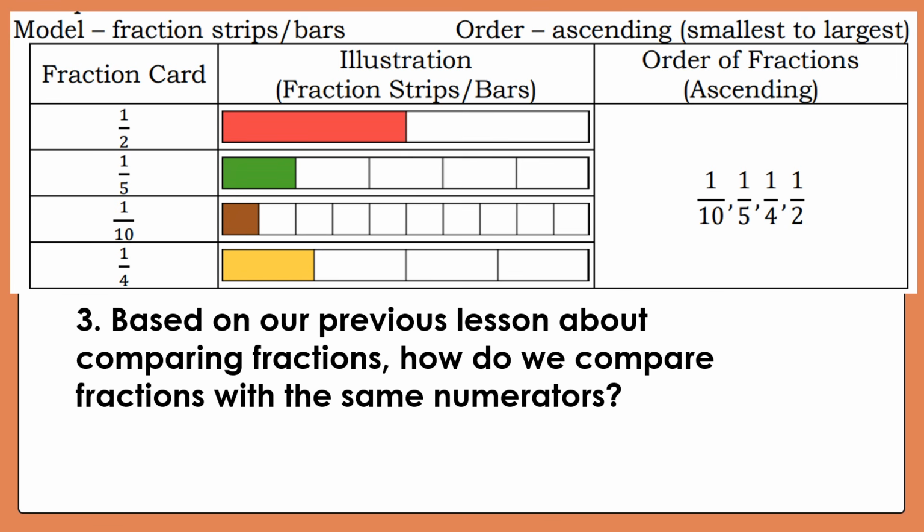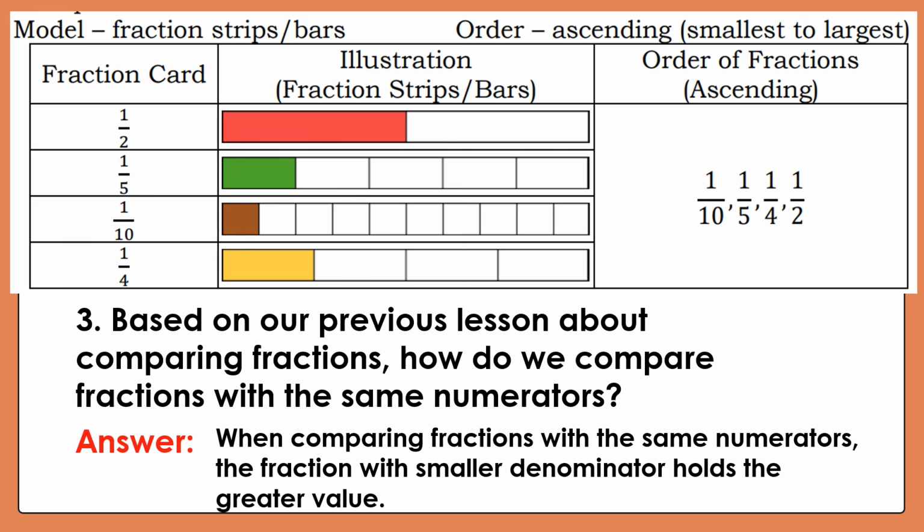Number 3, based on your previous lesson about comparing fractions, how do we compare fractions with the same numerators? The answer, when comparing fractions with the same numerators, the fraction with smaller denominator holds the greater value.